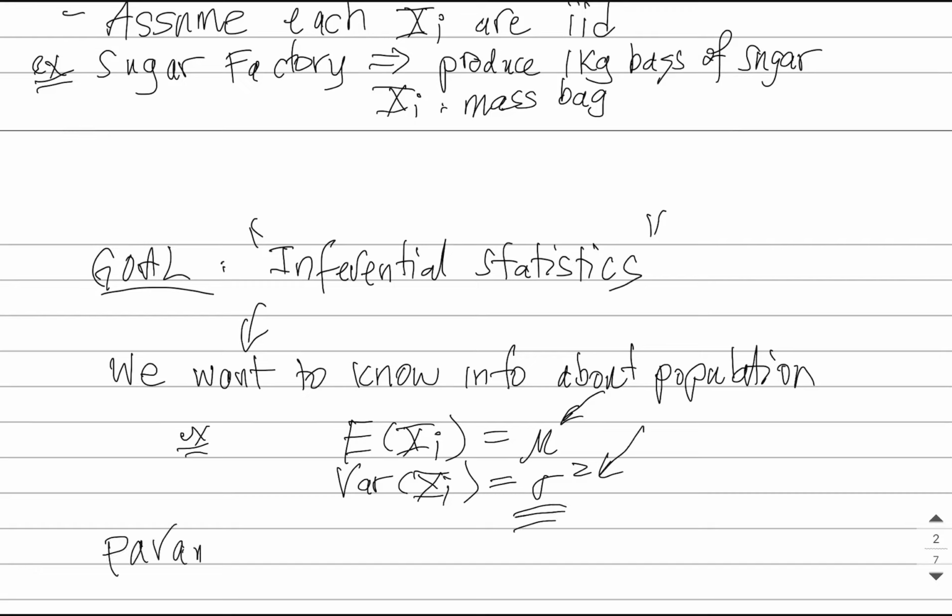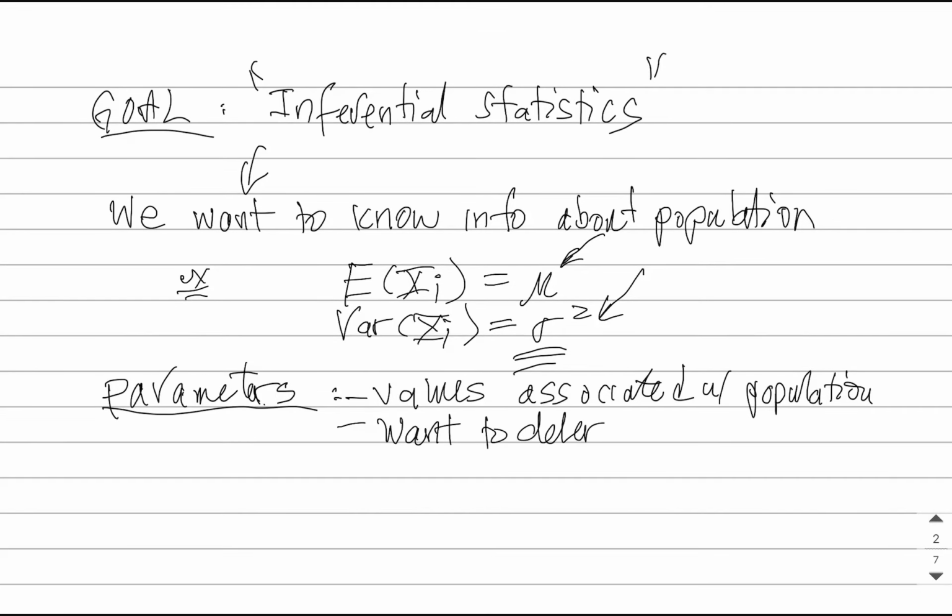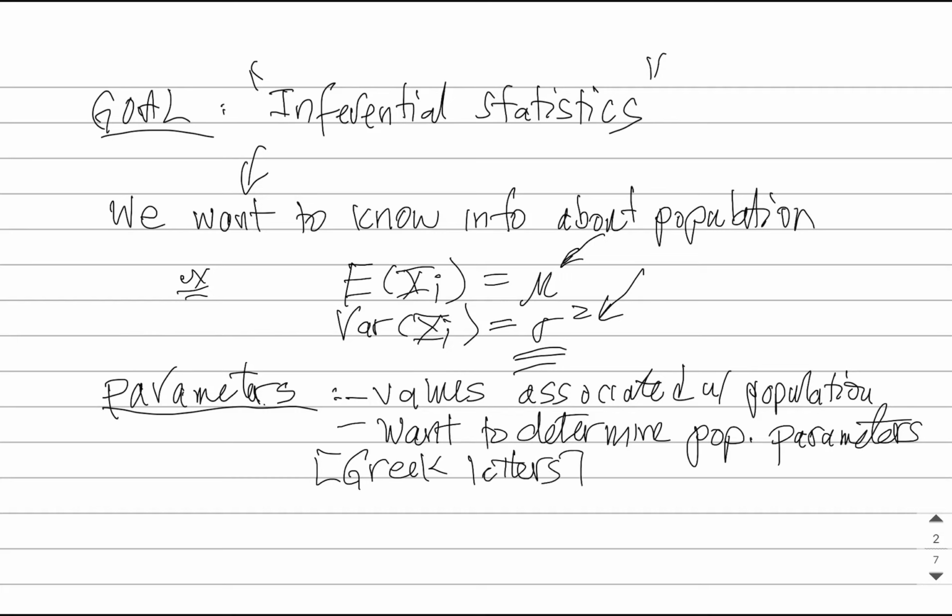These are called parameters. Now, parameters are values that are associated with the population, and they are some sort of number of interest. We want to determine the population parameters. Now, we always use Greek letters for our parameters, and the general notation for a parameter, we are going to use the letter theta.